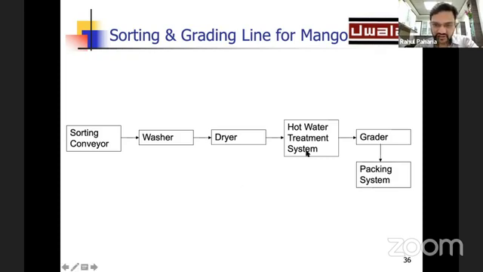Once the sterilization is complete, we do some kind of basic grading. The grading can be done with automatic machines, or manually with the help of labor. And then we need some kind of a drying system before it can be packed. So we don't need a lot of machines. Essentially, a sorting conveyor, a washer, and a hot treatment machine. If you have these three critical machines, then we can do processing of fresh mangoes.